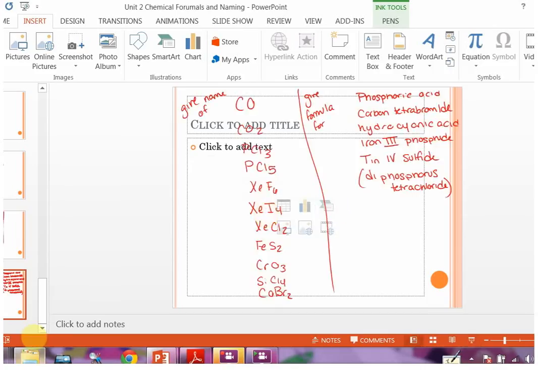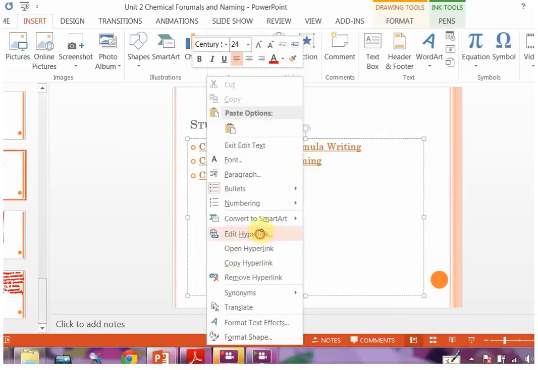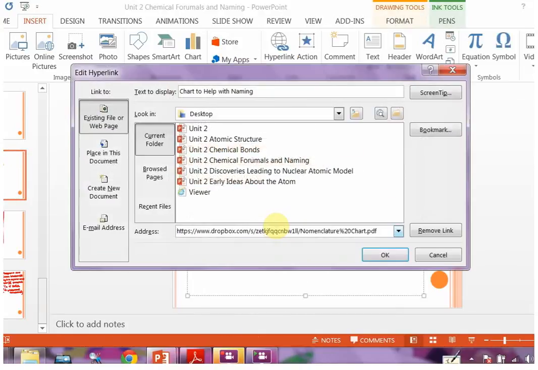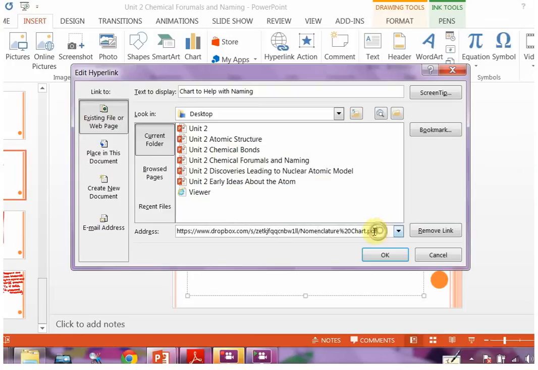Now, let me see if I can pull up... there we go.